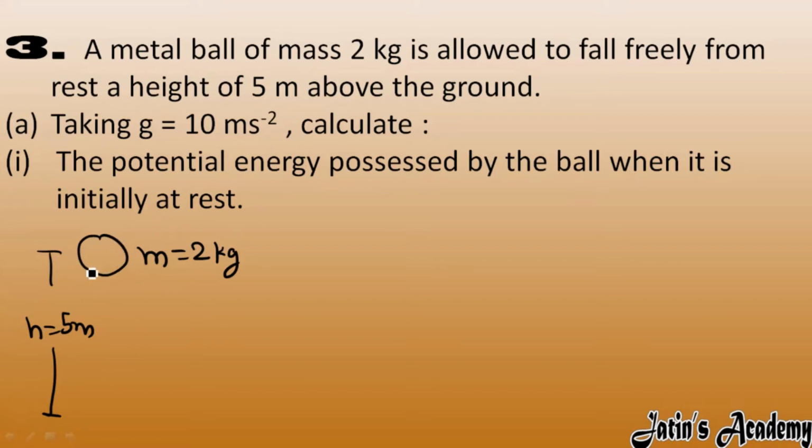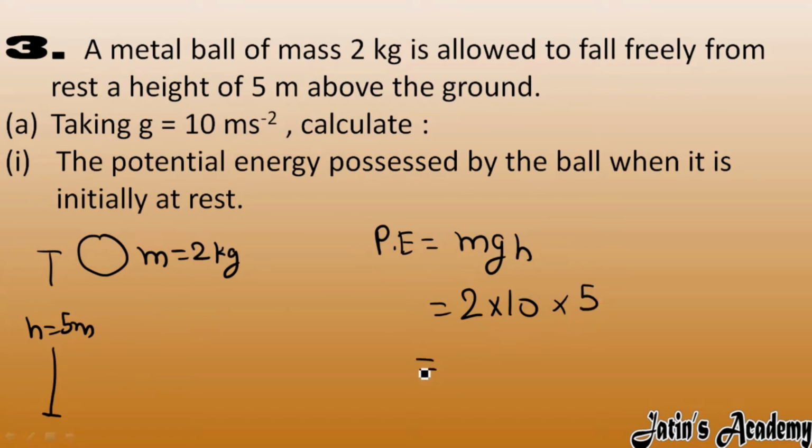Initially the ball is at some height, so it possesses potential energy, which is mgh. Mass is 2 kg, g is 10 meters per second squared, h is 5 meters. When you multiply, you get 100 joule. So the potential energy is 100 joule.